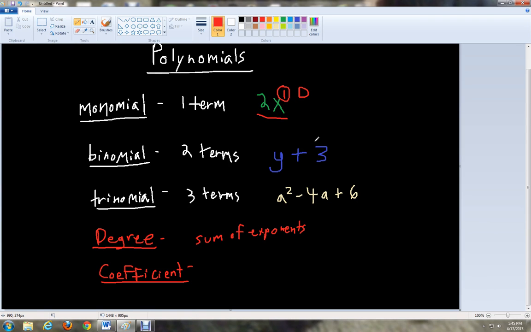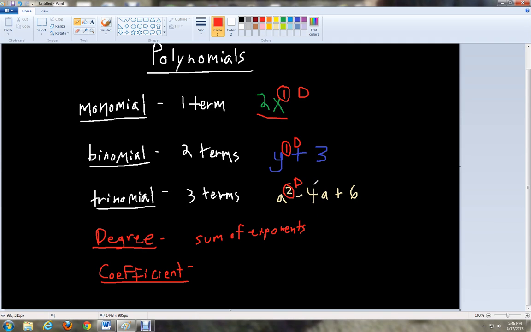The degree of the y term is the same thing, because it's just y to the first power, so the degree is 1. And the same for a squared, except this time we have a different exponent, which is 2, so the degree is 2.